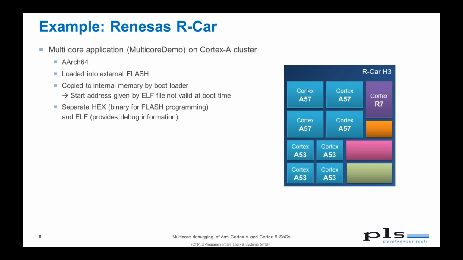This device has 4 A57 cores and a core complex of 4 A53 cores, and in addition a real-time core, an R7 core, which is a 32-bit core, and all the A cores are 64-bit cores. The application itself is compiled in ARCH 64. That means it's a 64-bit application, and it should be loaded into the external flash of that device.